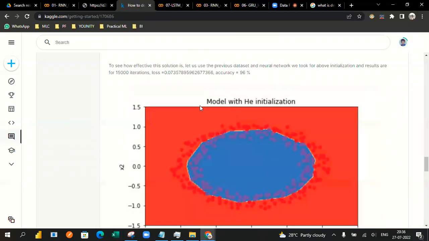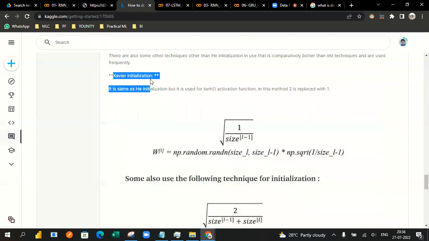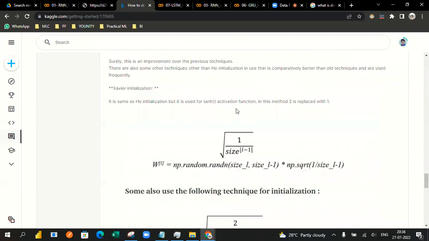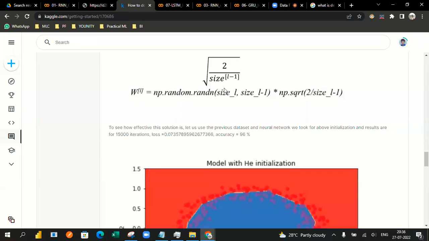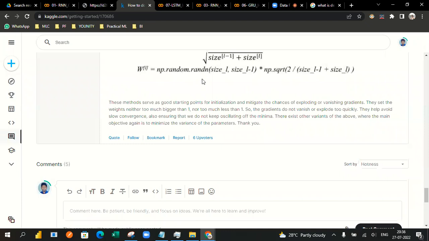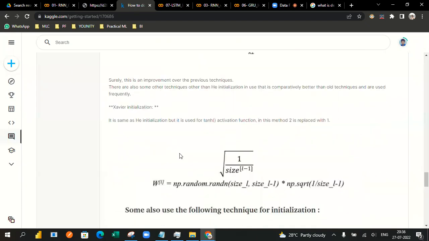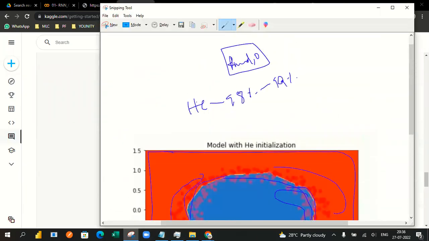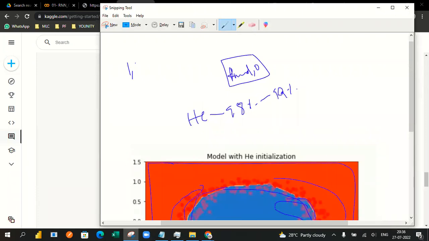We also have another initialization, Xavier. This Xavier is somewhat an extension of the He initialization. It has a somewhat different formula, but we are just applying it multiple times. That's it. This is also a very interesting idea. This is not a 1 or 2 day implementation. It came from maybe 15 or 30 years of research on how to initialize the weights according to the neural networks we have.